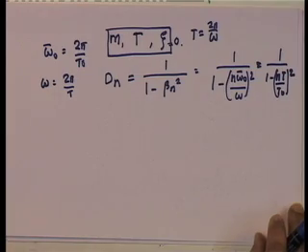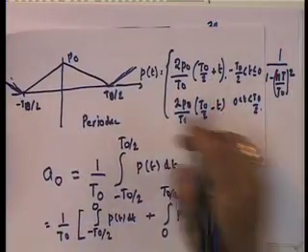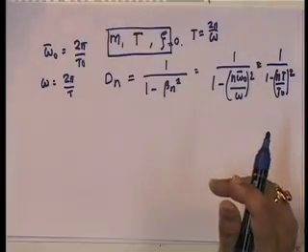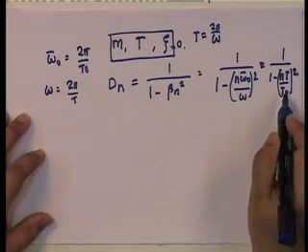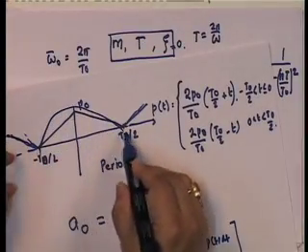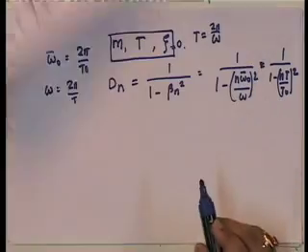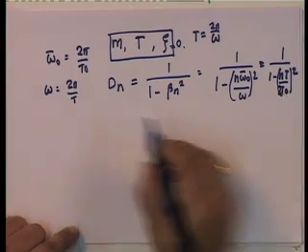I am sorry, omega 0 is not 2 pi. Let me go back to that. The first frequency, omega 0, actually corresponds to 2 T 0, so it is n by 2 T 0.